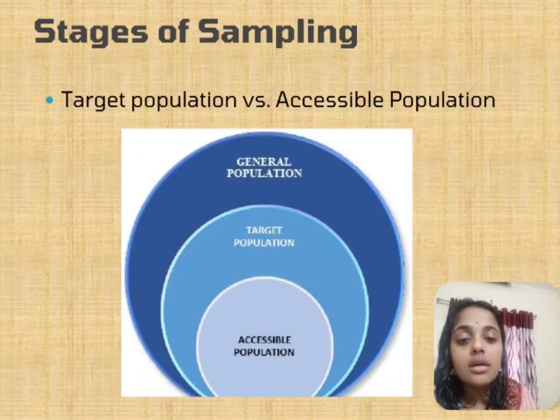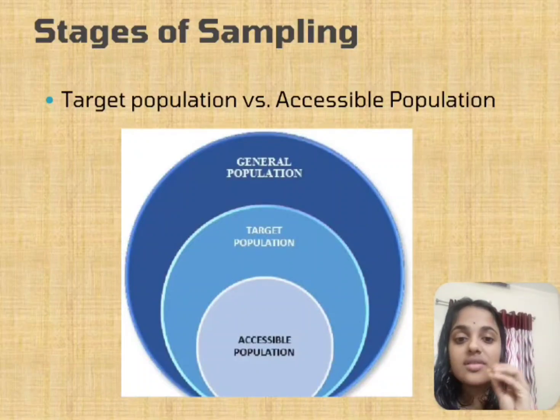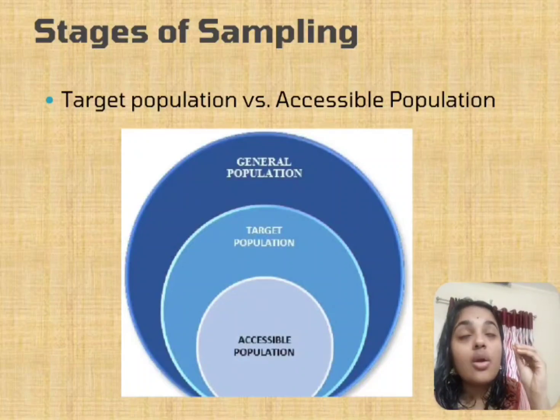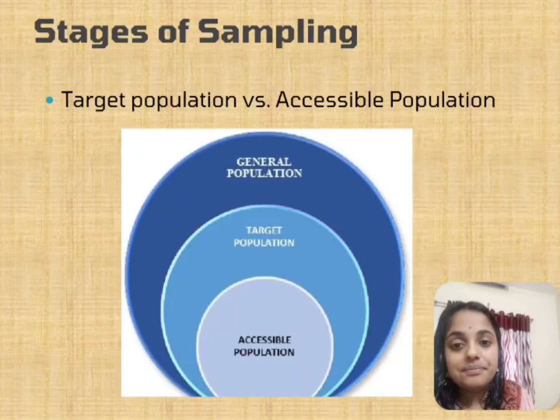All the boys and girls between the ages of 10 to 19 years will be part of this general population, because adolescence is operationally defined as such: all the members of the adolescent group will be the boys and girls between the ages of 10 and 19. That is the operational definition of adolescence.